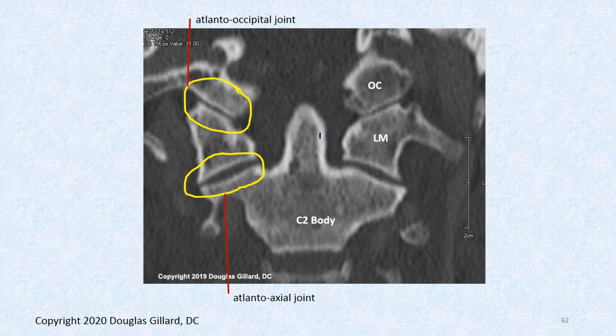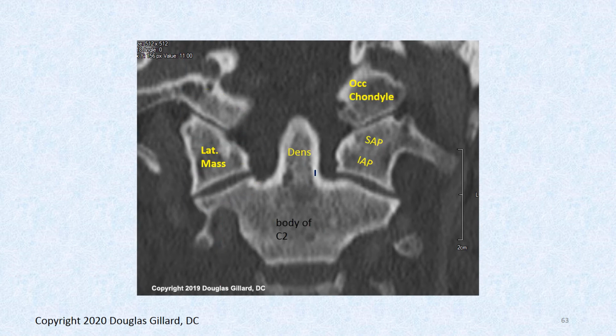Look at that nice view of the dens, a perfect view of the dens, and you can clearly see the atlanto-axial joint and the atlanto-occipital joint. And you can see this is the occiput right there, that connection.